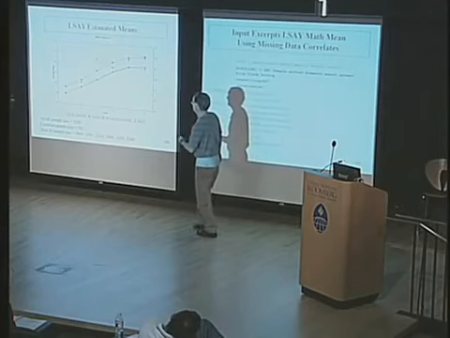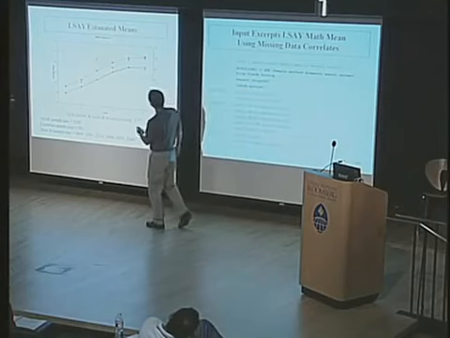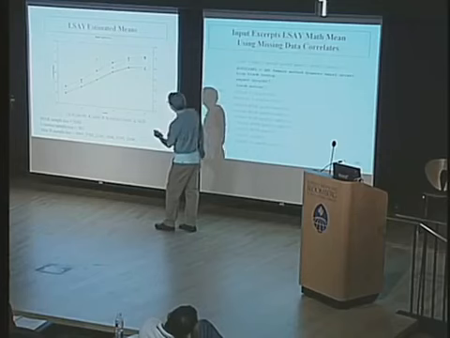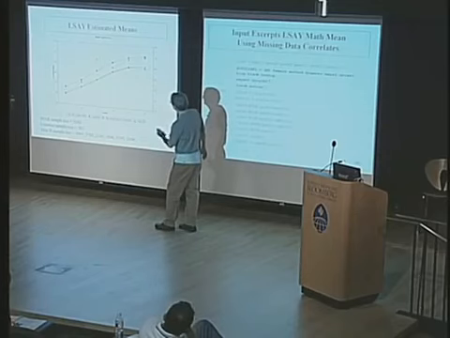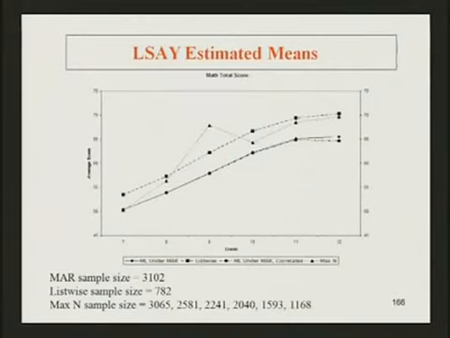That is the diamonds here. And we see that the diamond line for the means is lower than the listwise and the max n. So this would be the more intelligent estimate of the mean of achievement at the different grades. Again, not a growth model, just trying to plot the means in a good way.